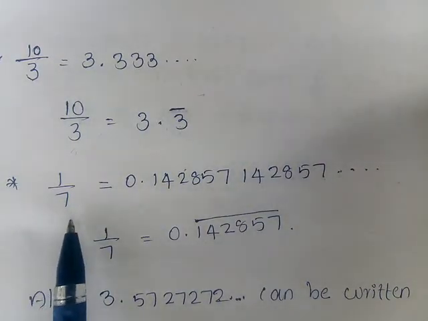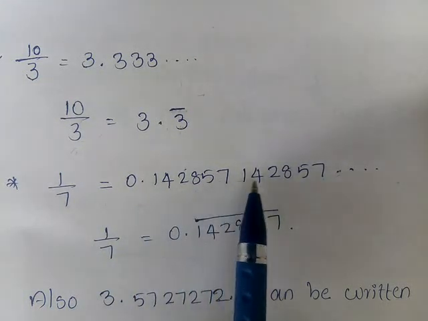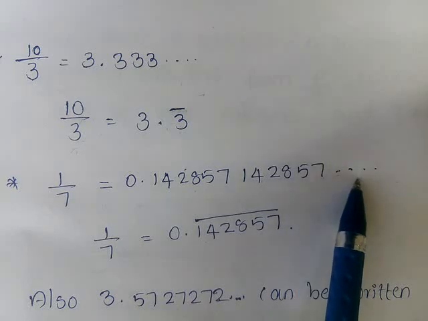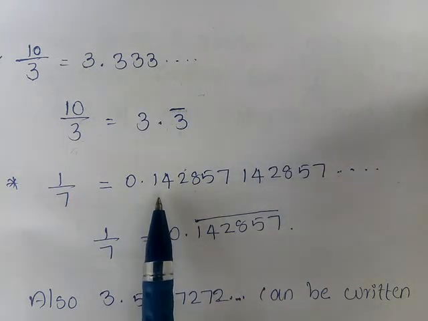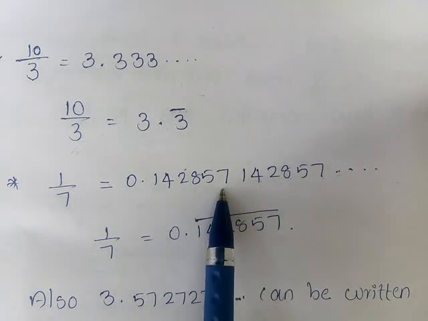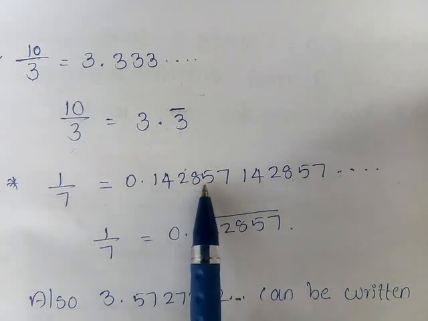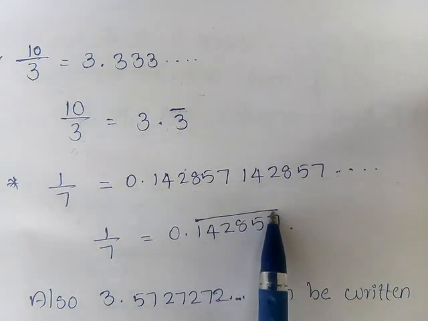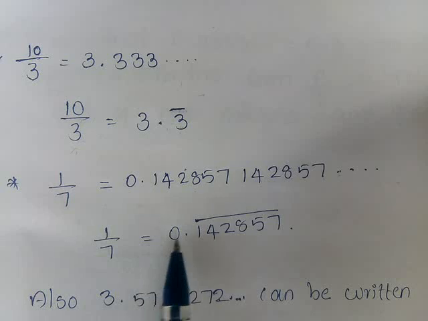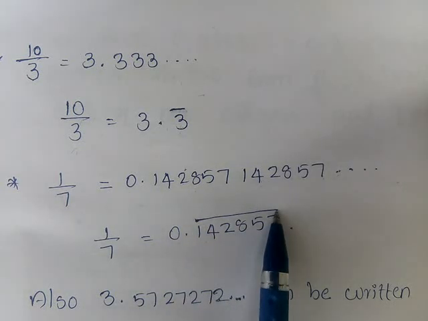Similarly, 1 by 7 is equal to 0.142857, 142857 etc. Here 142857 is repeating. So instead of writing the repeating block, above 142857 we will put one line. So 1 by 7 is equal to 0.142857 bar.